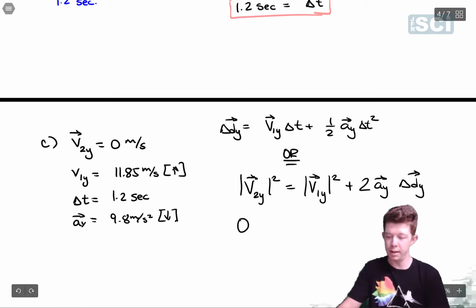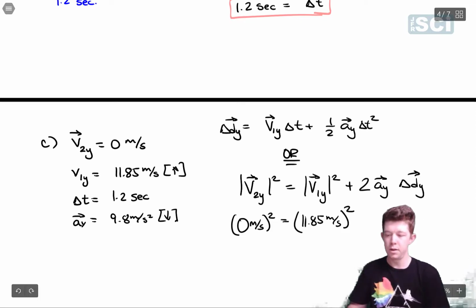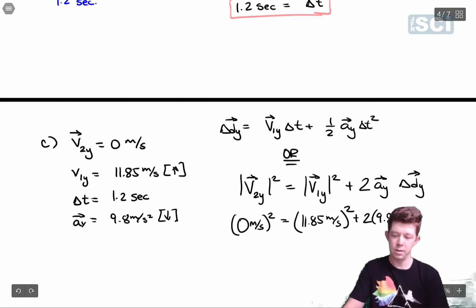So the second one would give me 0 meters per second, squared, is equal to the initial velocity, 11.85 meters per second. And remember, when I square a vector, it becomes a scalar. So I get 11.85 meters per second, all quantities squared, plus 2 times 9.8 meters per second squared, and that's downwards, multiplied by delta dy vector.